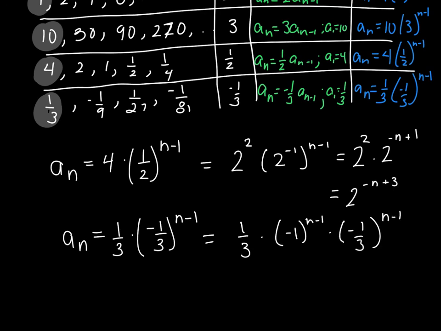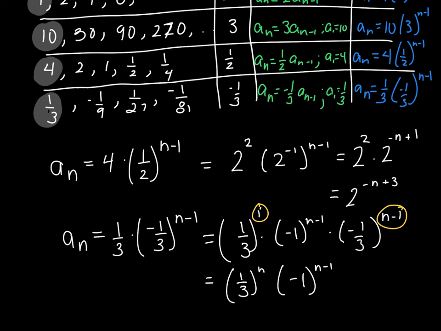This is something you're going to see quite often, where if this is a negative ratio, you want the negative 1 to be raised, and that is the indication that it is your alternating sequence. Now, 1/3 is to the first power, excuse me. So what I want to now do is add 1 and n minus 1. So this just gives me 1/3 to the n times negative 1 to the n minus 1 power.